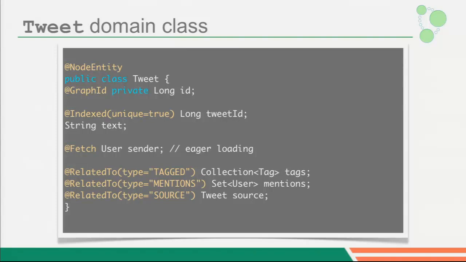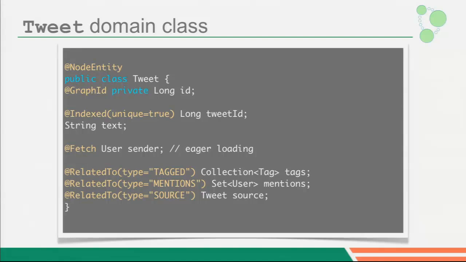And something else that's important that you already kind of know from the JPA world is how far do I want to fetch data from my database. In the graph, it's especially interesting because if you just go for eager fetching, so it means I follow every relationship to an arbitrary depth, then I will easily end up with the whole graph in memory because it's richly connected.